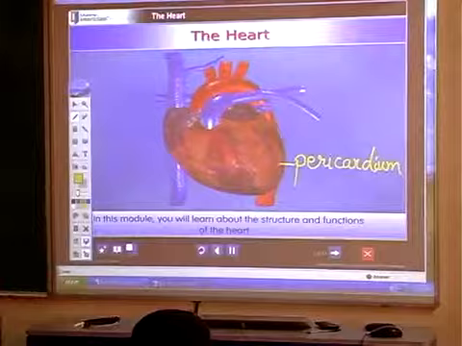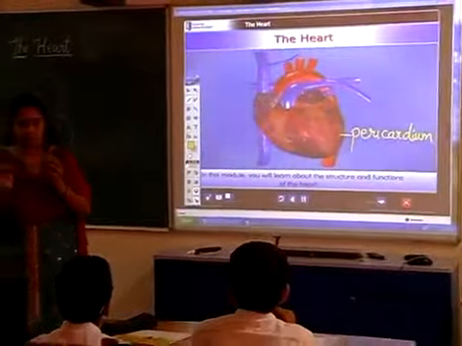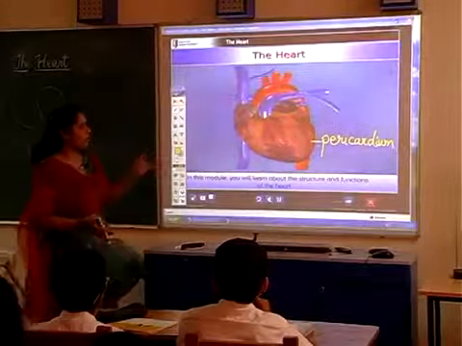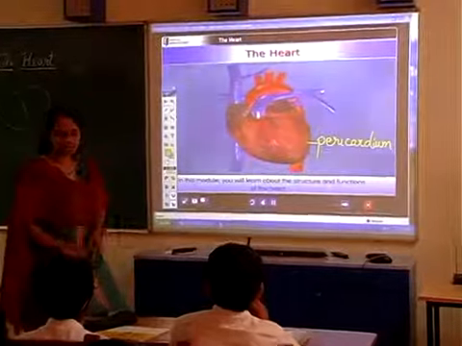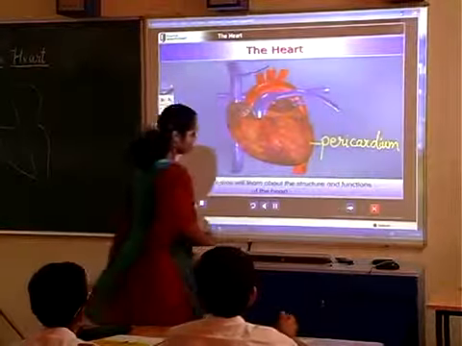So this is the outermost membrane called the pericardium, inside which of course there is a small space filled with pericardial fluid. Now let us see in detail the structure and the different parts present in the heart.